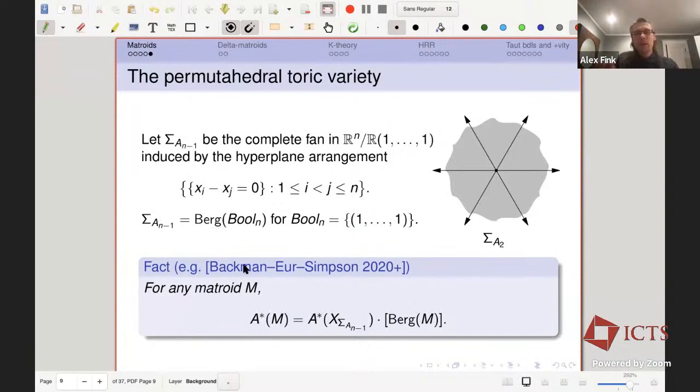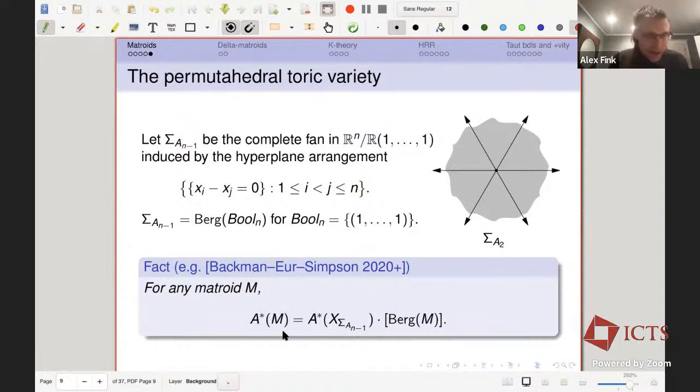And well, it turns out all of the other Bergman fans are included, at least as groups, in the Chow ring of this toric variety. That is this fact at the bottom. You can take the Minkowski weight, this Bergman fan that I defined, and the set of classes you can get by multiplying by that is as a group an isomorphic image of the Matroid Chow ring.